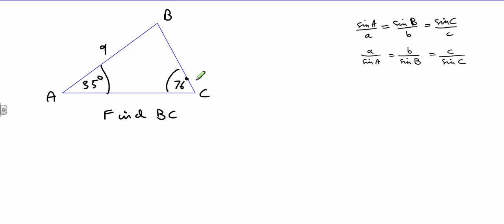So the thing to do is to use the equations in the second form here, a over sine A, b over sine B, c over sine C, because the unknown is a length, and the unknown is on the top of the fraction, the numerator.